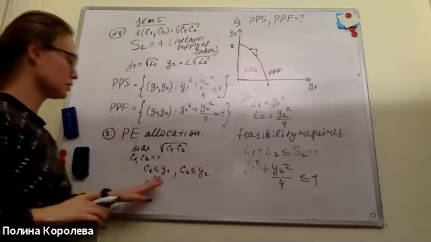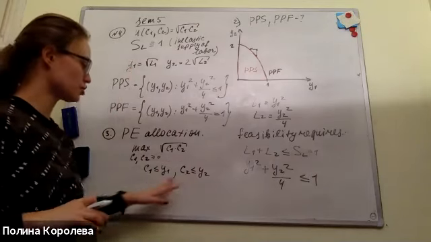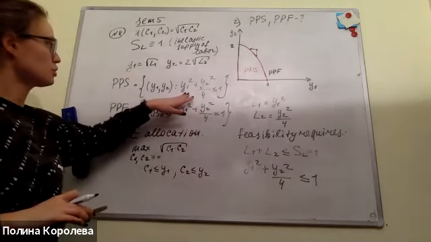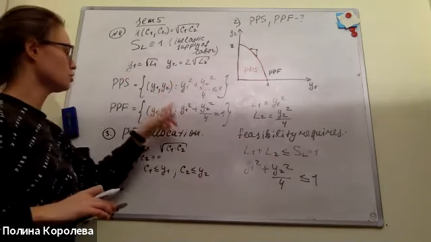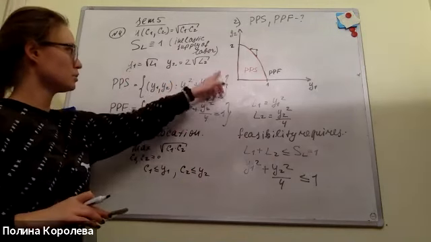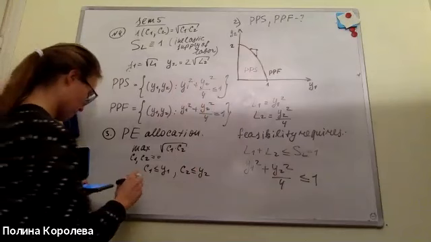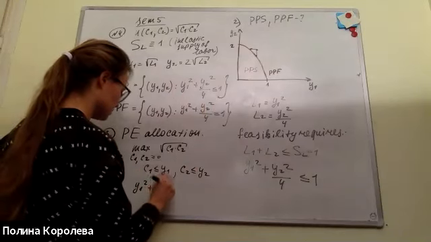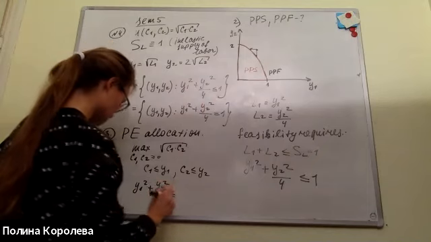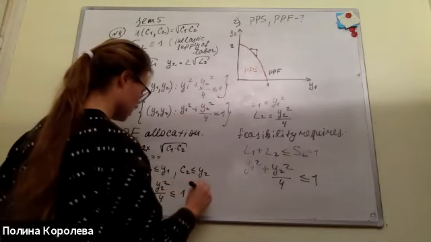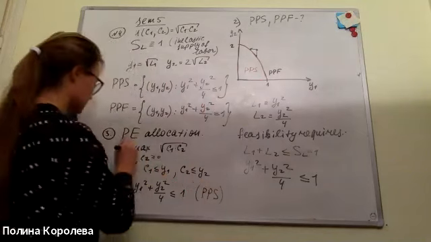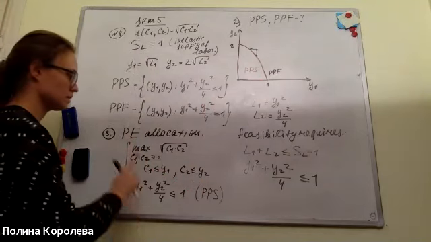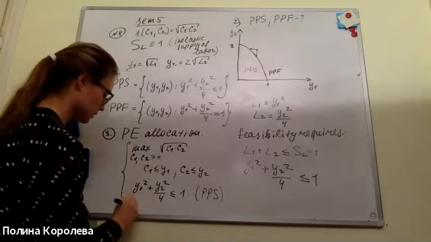And what is the restriction for production of these two goods? This is exactly our production possibility set. So he should consume only a point that belongs to the production possibility set: y1 squared plus y2 squared divided by 4 less than or equal to 1. This is the centralized solution without any prices, as you remember.